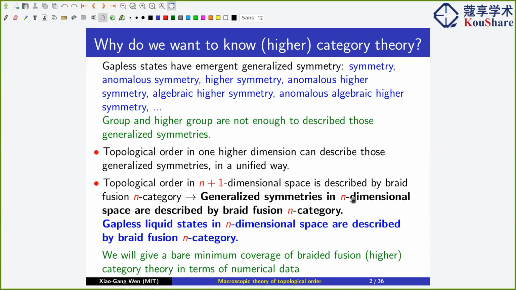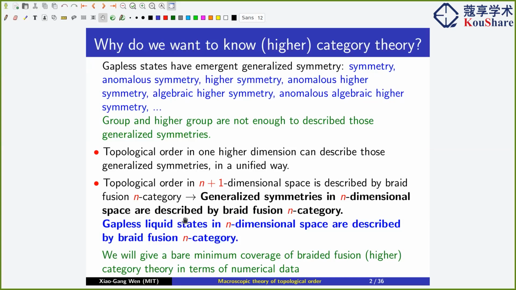Therefore, this braided fusion n-category somehow replaces a group describing symmetry in n dimensions. But this symmetry can be generalized. Then we say that a gapless liquid in n-dimensional space is described by this emergent symmetry. You can also say that these gapless liquid states in n-dimensional space are described by this braided fusion n-category. So this is why one studies braided fusion n-categories. It's a mathematical framework to describe the symmetry, and maybe becomes a mathematical framework to describe these gapless liquid states.